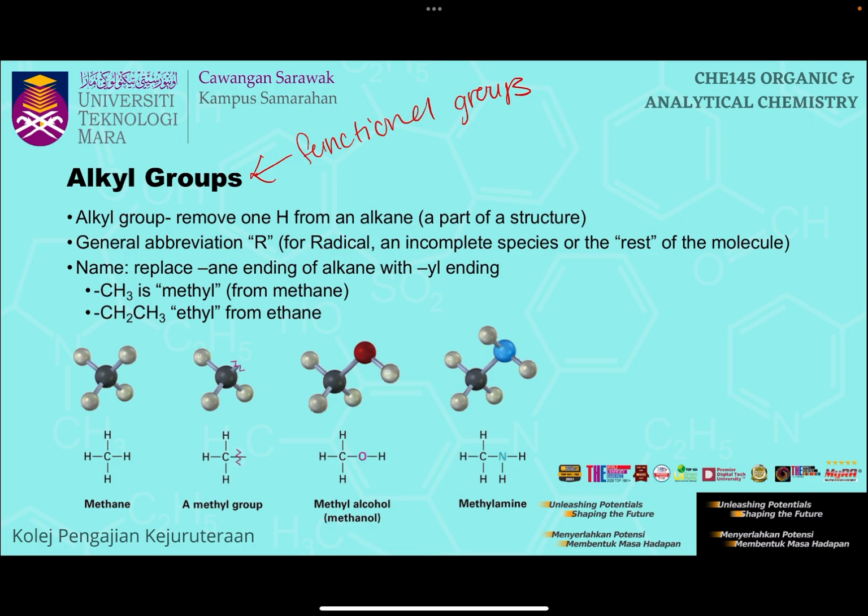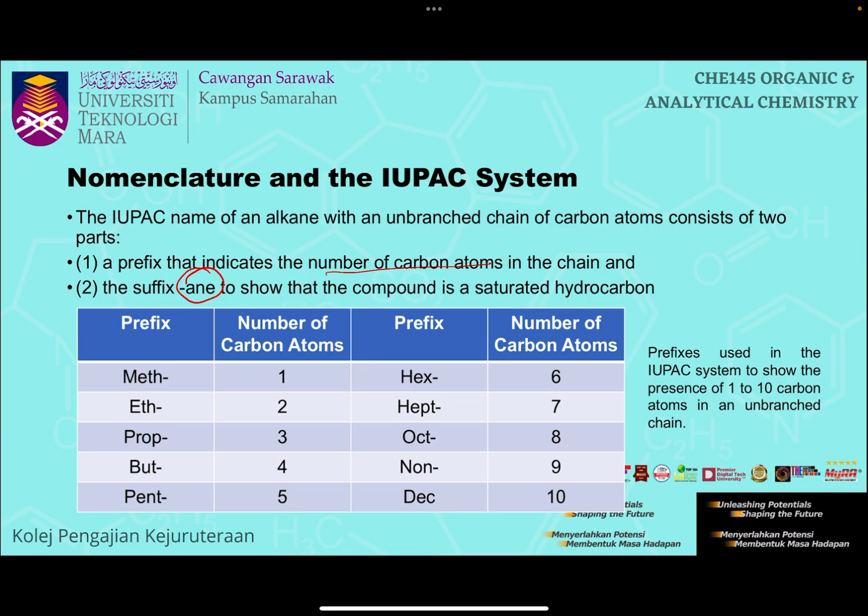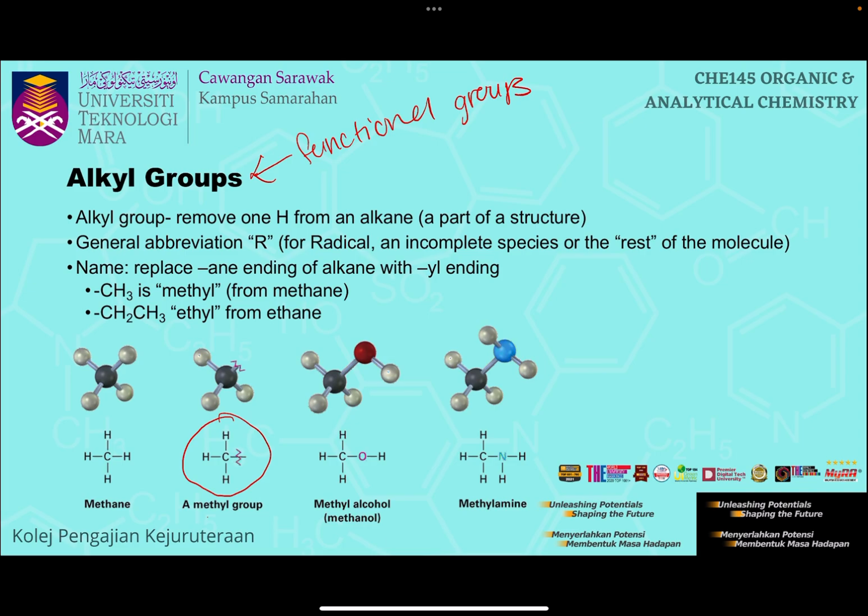So if it is a methyl alkyl group, the prefix is determined by the number of carbon atoms, but you don't use A and E; instead you change it to YL. You change the A and E to YL.